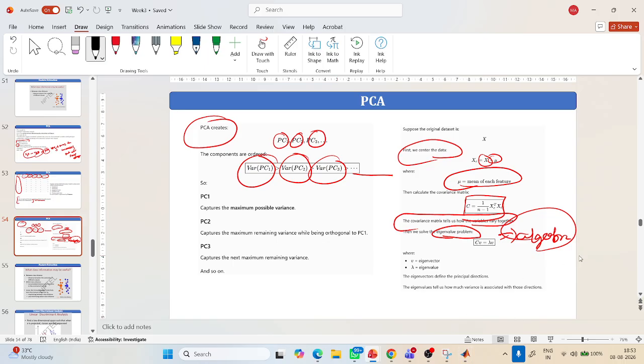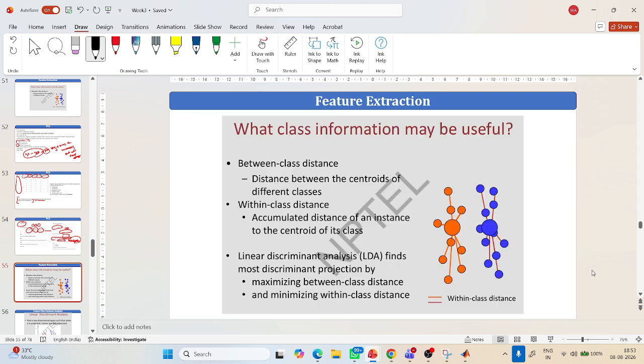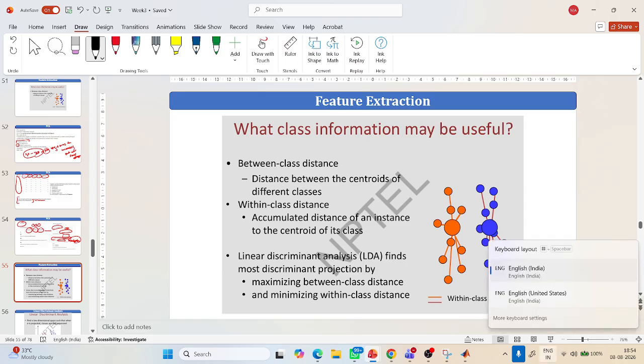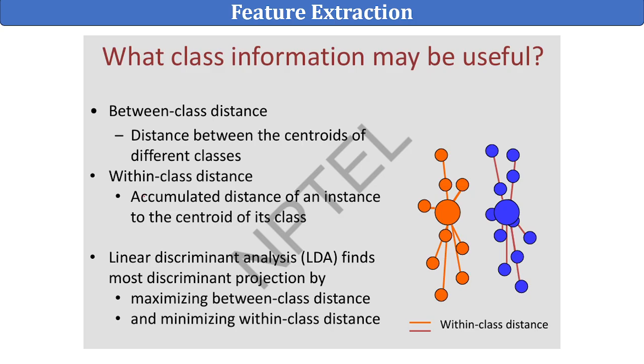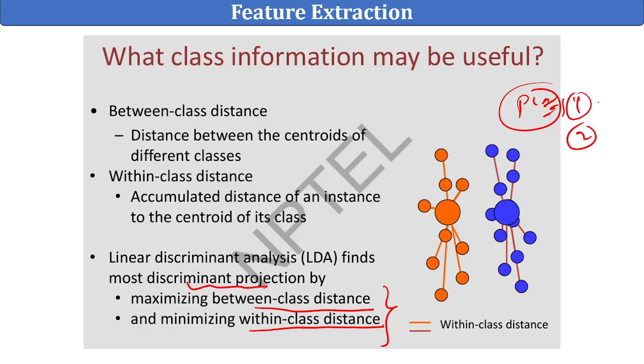So now next, we'll again consider what class information may be useful, based upon the centroid, based upon the class, or it depends. Then we can get the LDA also. LDA finds the most discriminant projection by maximizing the between-class distance and minimizing the within-class distance. So in PCA, with 1 feature, 2 features, the variance was the maximum and correlation the minimum.